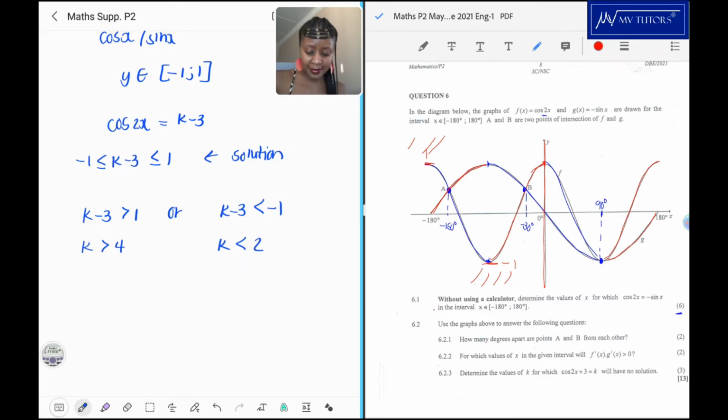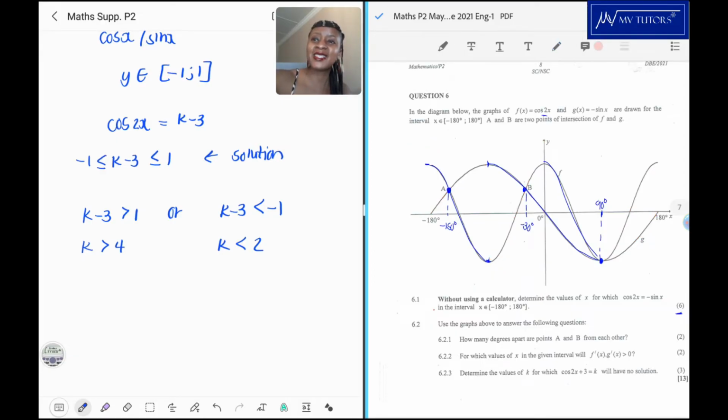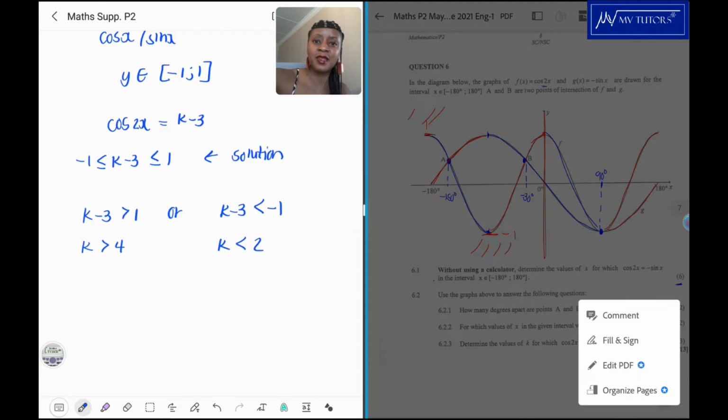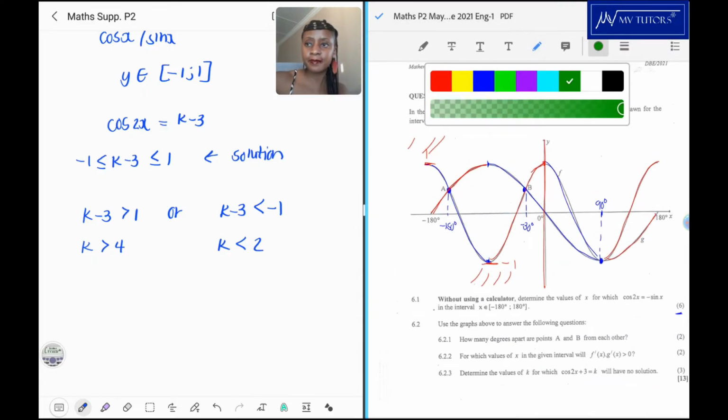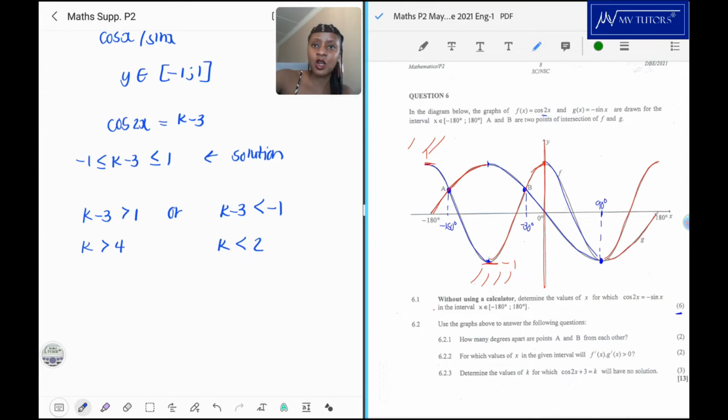Let me try sketching it for you, just so that it makes sense. Let me use the color green this time. So this is your graph, cos 2x.